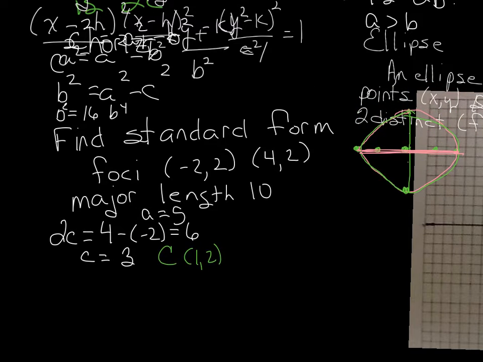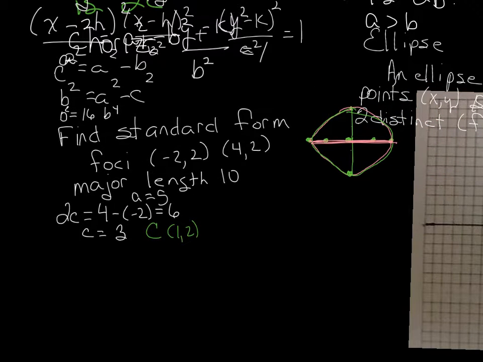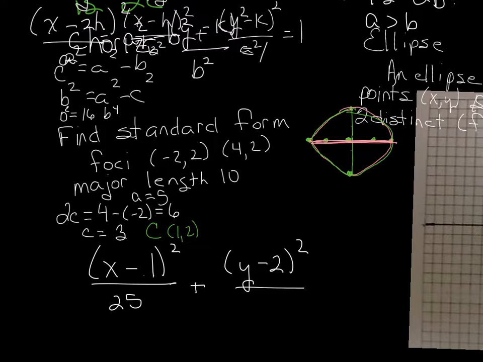The equation for this ellipse is going to be x minus 1 squared over A squared plus y minus 2 squared over 16 equals 1. That's the equation for that ellipse.